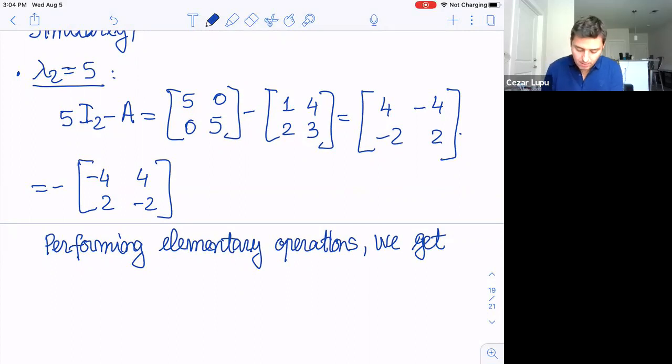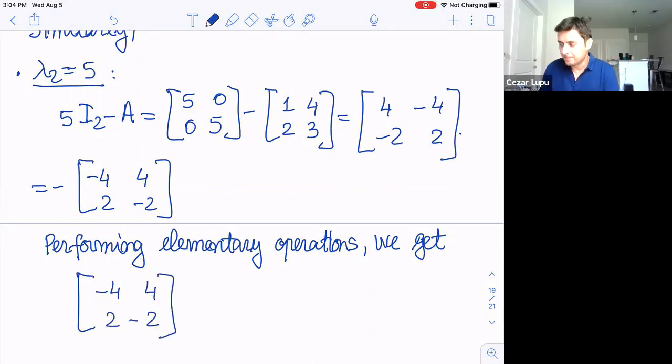So we get that this matrix here, -4, 4, 2, -2, we'll leave it to you as an exercise. Its row echelon form will be something like, wait, what is that?